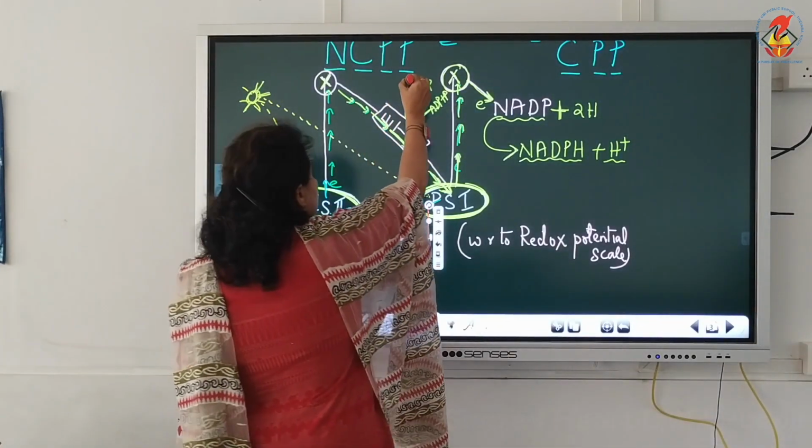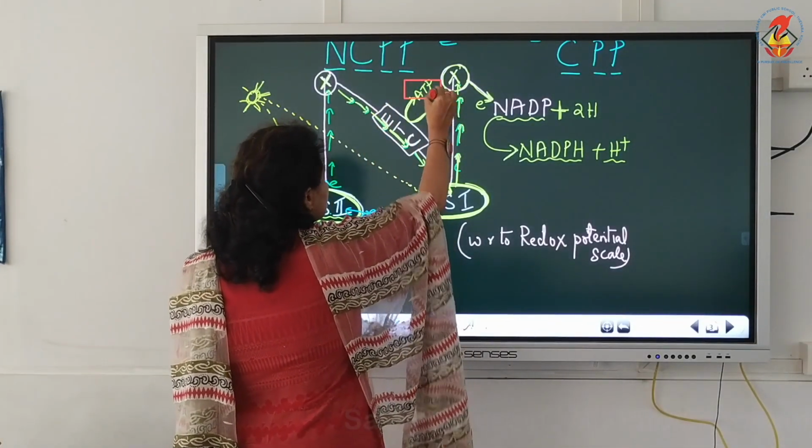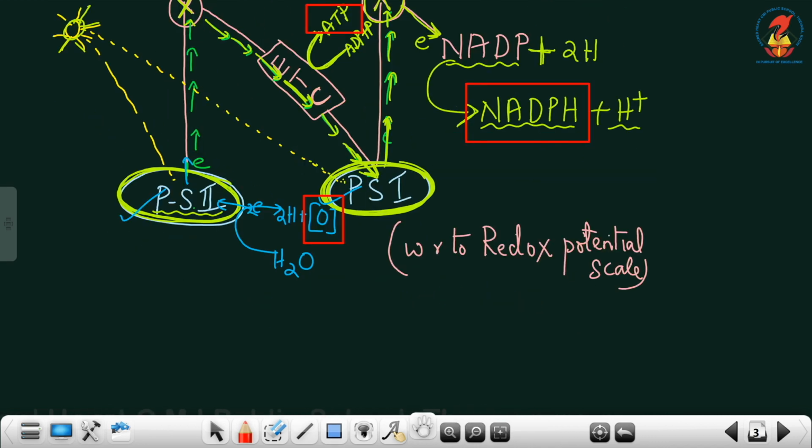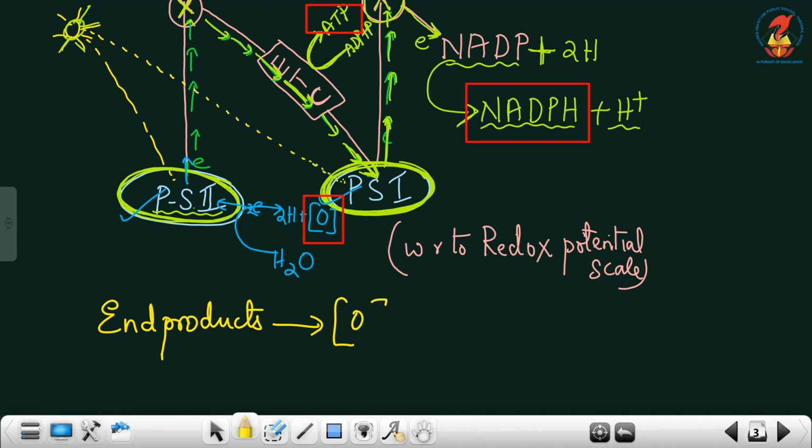The next product is ATP, and the third product is NADPH. So I have highlighted the products. The products at the end of NCPP are oxygen atom, ATP, an energy molecule, and another energy molecule, NADPH.